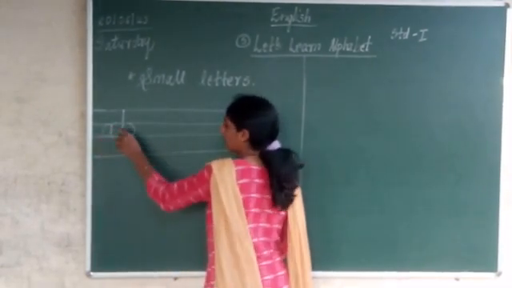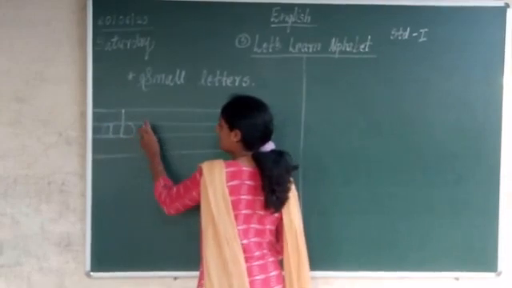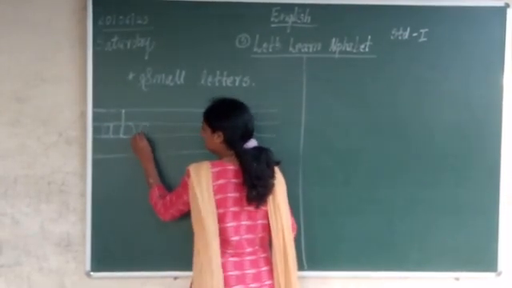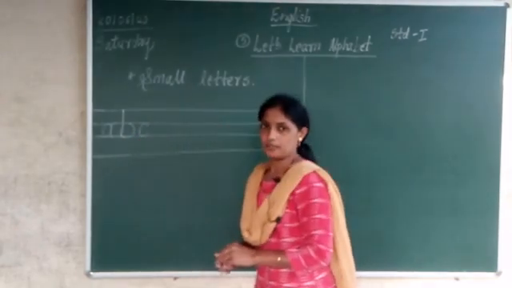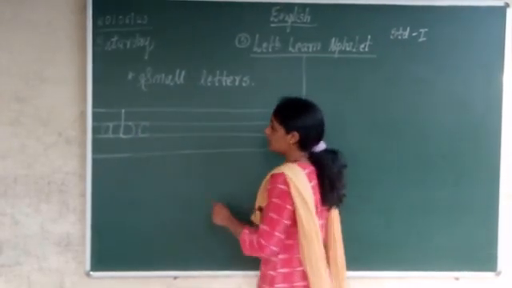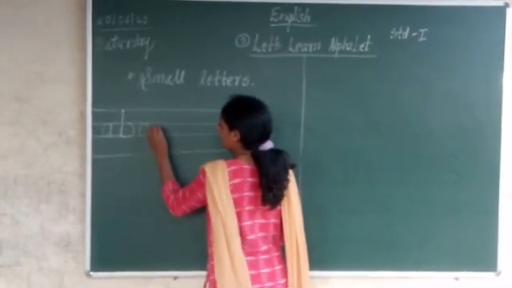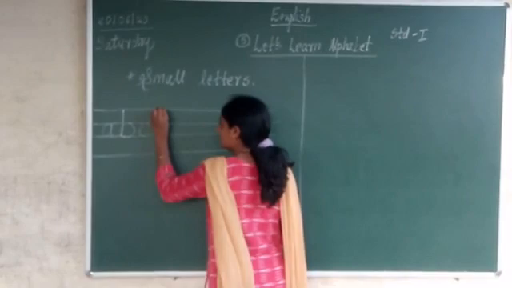How A is drawn, in the same way C will come in the middle two lines. Can you see? Yes. Next one is D. Now how B was written, in the same way we have to write D.